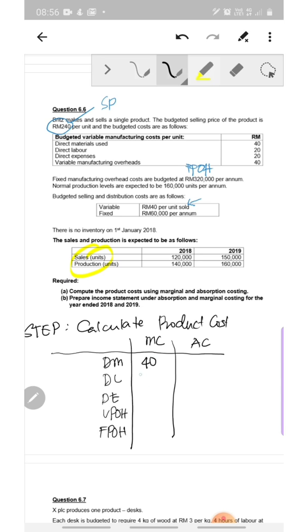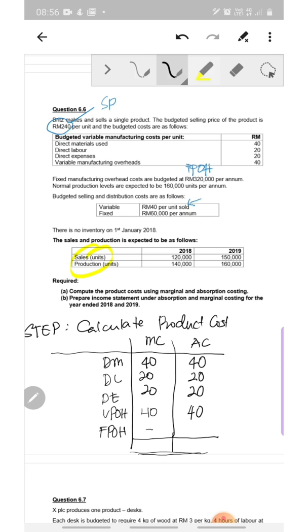40, 20, 20, 40. Marginal costing doesn't have any fixed cost because marginal costing only takes into consideration variable cost. Absorption costing is the same, but we have FPOH. How to calculate FPOH?